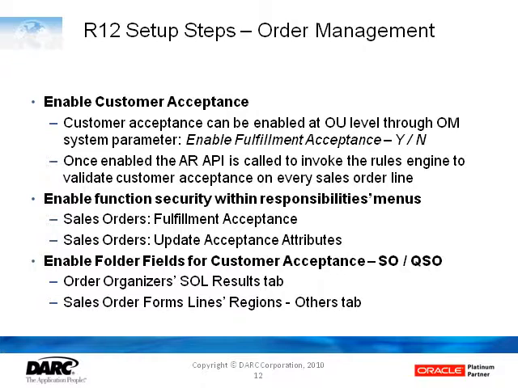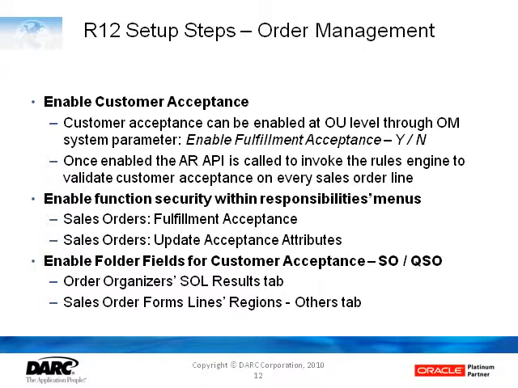Order management, the key setup that you have to get in place before anything else primarily is the enabling of customer acceptance. And this is a new system parameter that needs to be set to Y or yes for every operating unit that you need to complete this in. It's called Enable Fulfillment Acceptance.